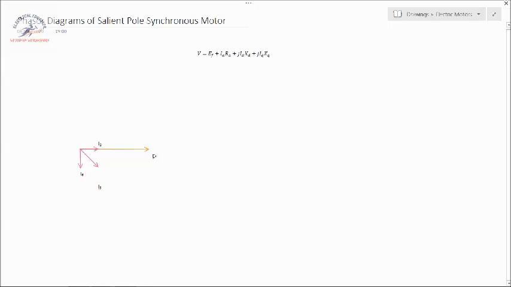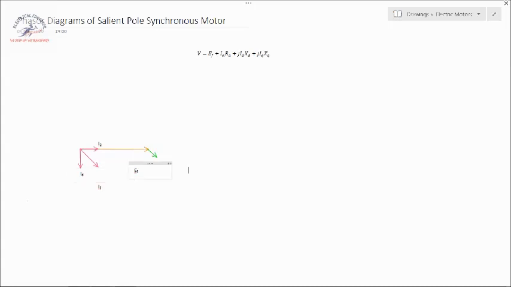I am using the original equations here. Since we are using the original equations, we have to stick to it. So I am drawing a vector IARA which is smaller than IA and in phase with IA. Okay, so this vector which I have drawn now is IARA.